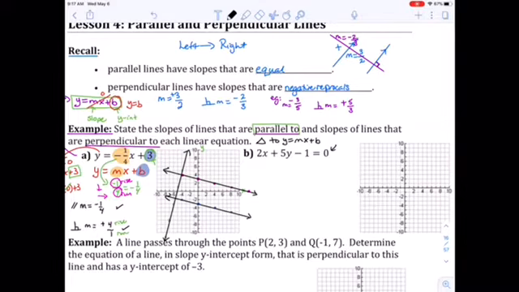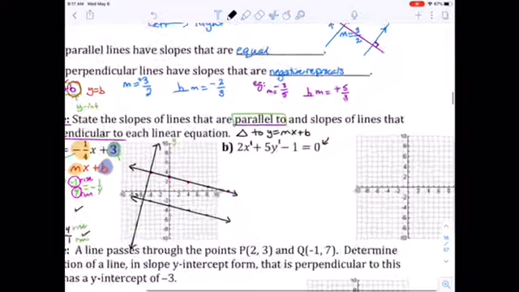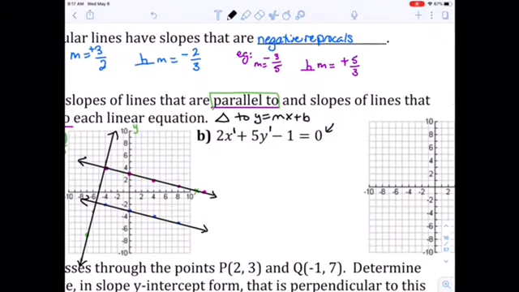I know it's linear because the degree on both of these is equal to 1. I know I can change it into y equals mx plus b form, but how to do that? So I want you to pause the video and just try changing it to y equals mx plus b form, because I think that a lot of students need that practice. Okay.